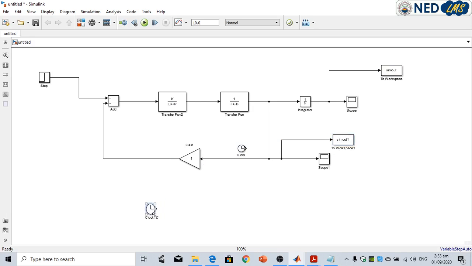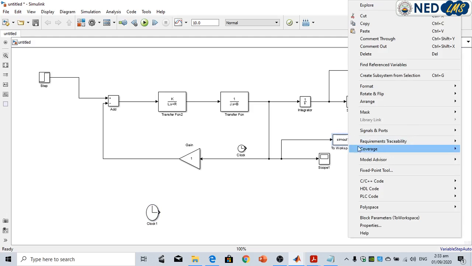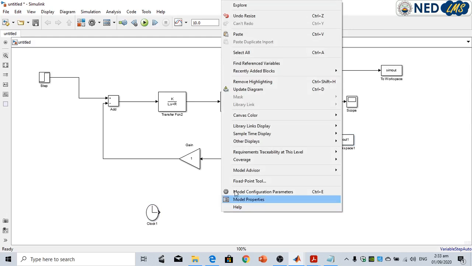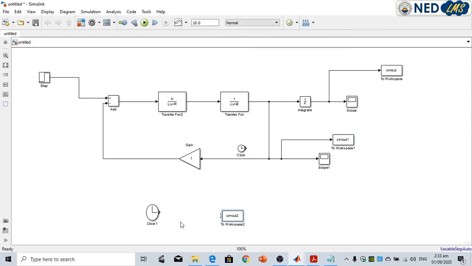A time value, an array for time with respect to the corresponding two outputs. In the workspace we need one more of this block, and connect this one with this as well.